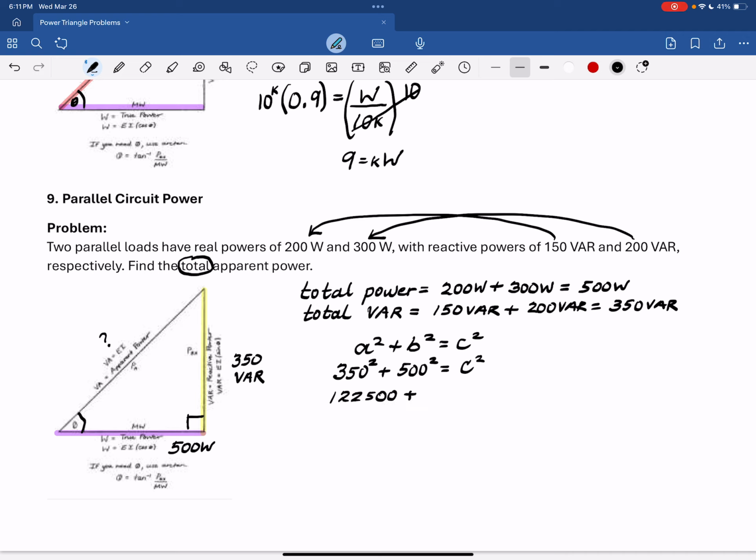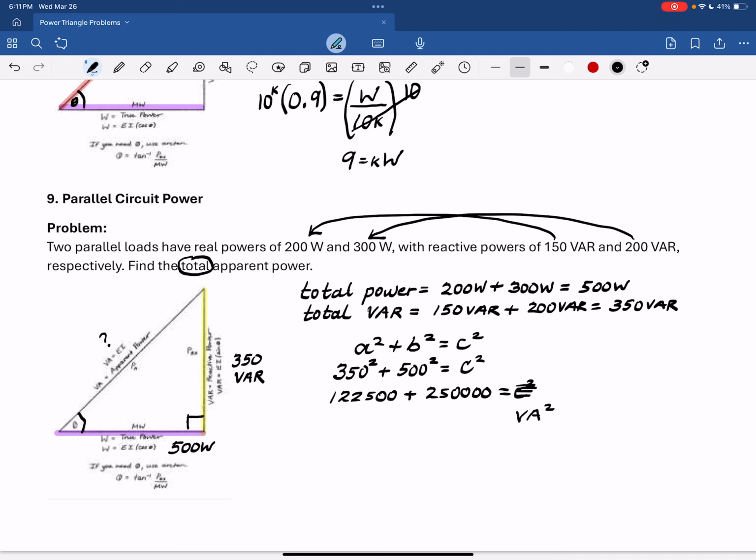And then 500 times itself is 25 with 4 zeros. And that is going to give me C squared. And I'm going to go ahead and tell you right here, instead of C squared, I'm going to use VA squared.